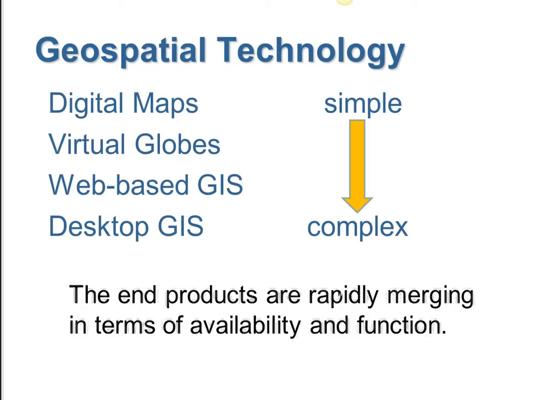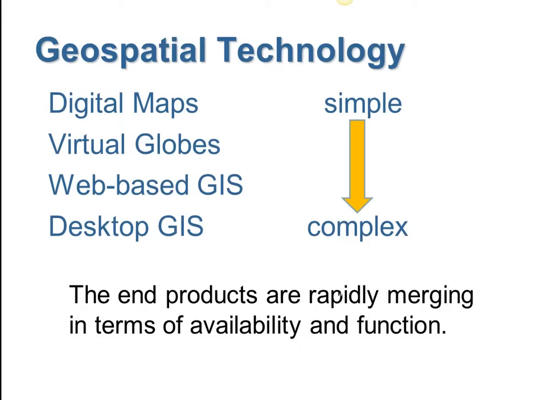I think it really has this continuum from a very simple technology to incredibly complex technology, and the merging of these is pretty astounding. A couple years ago, the digital National Atlas didn't have a link to web-based GIS, and the ID tool did not provide information about latitude and longitude. So I'm even seeing those kinds of things change.